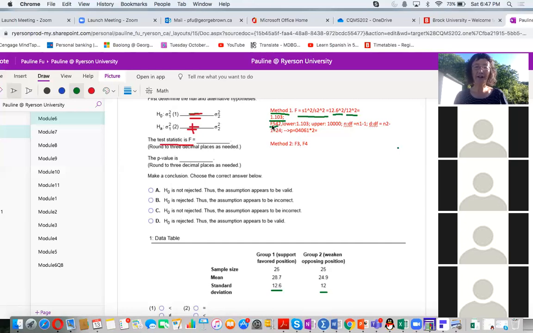This is later on. So for method, okay, I'll start. We did method 1, formula. We calculated test statistic F.